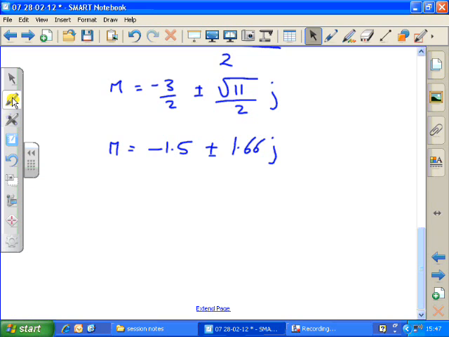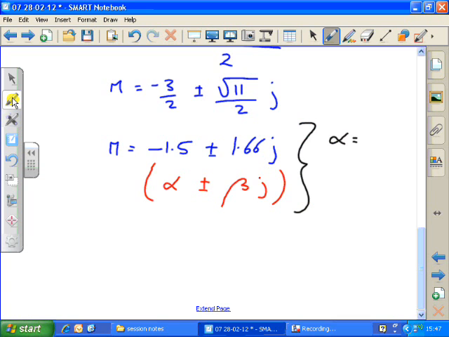And if we look at this, this has the form of a complex root, alpha plus or minus beta j. So we can identify what is alpha, minus 1.5, and what is beta, 1.66.